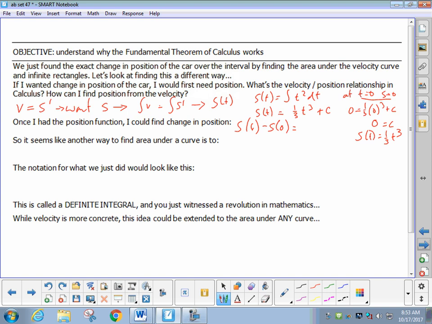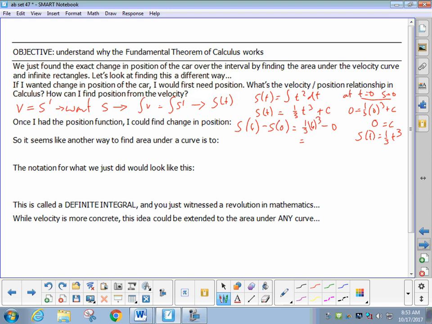Well, at time 6, that would be 1/3 times 6 cubed, and time 0 is just 1/3 of 0 cubed. That would be how far I went from position 0 to where I was at time 6.